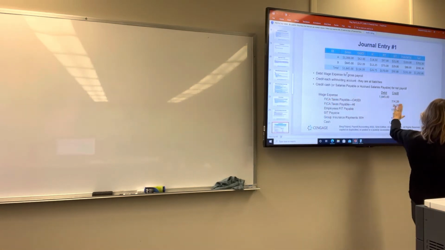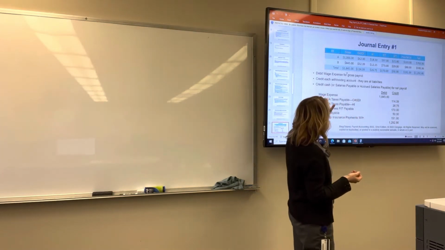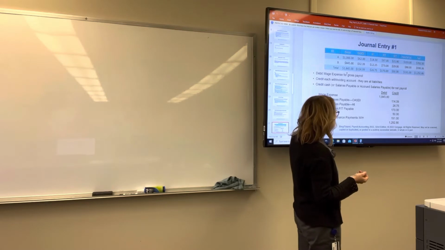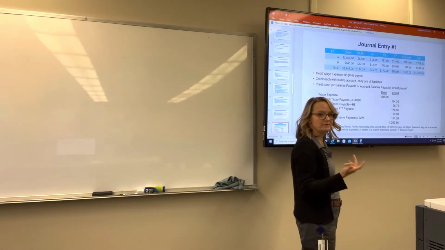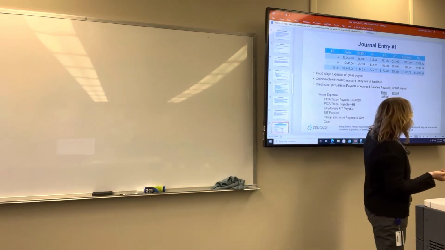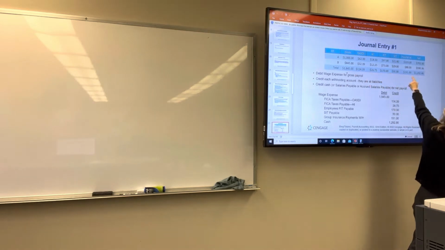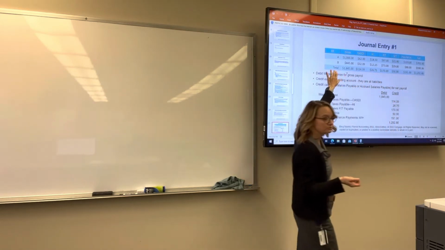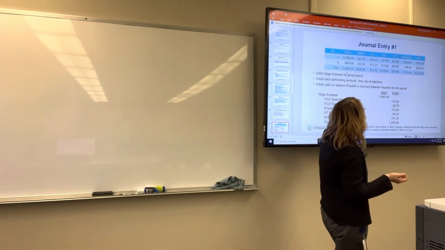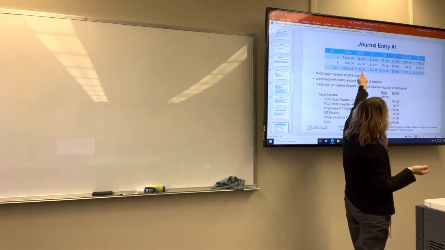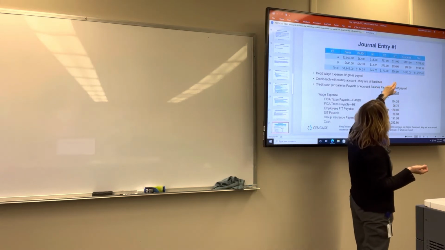The credit side of this particular entry: all of the accounts pertaining to withholdings from the employee's paycheck are going to be the credits. You can extract all of the information right down here from the totals. FICA taxes payable, $114.39. Medicare, $26.75.